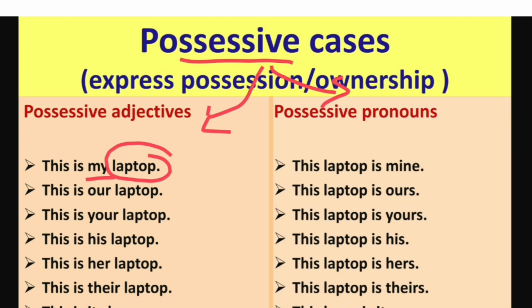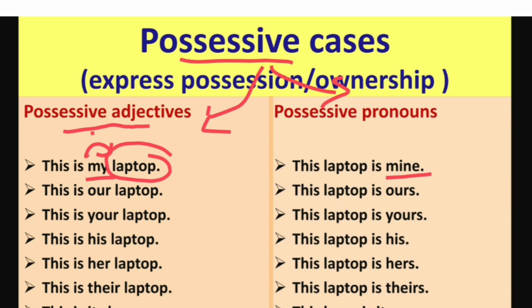These words are used to talk about possessions. Possessive adjective. Why is it called an adjective? Because this my is speaking about a noun, laptop. This sentence can also be said as this laptop is mine.